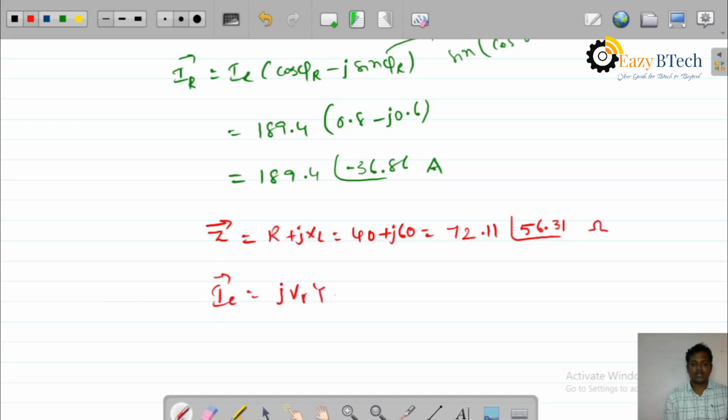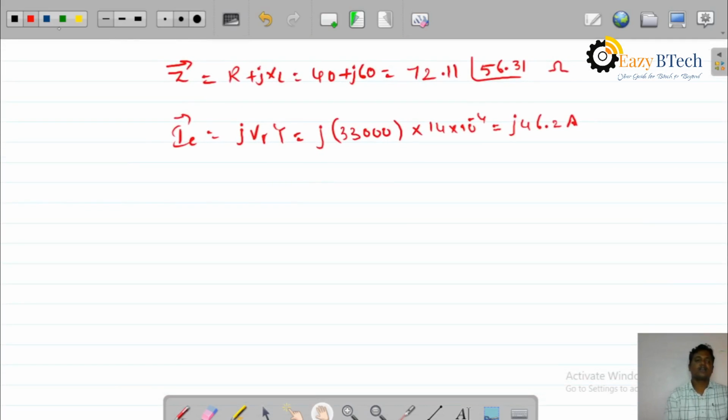Now I will calculate the IC vector equals J VR into Y. VR is 33,000 and Y equals 14 into 10 power minus 4. The current is 46.2 amperes. Now IS, from the load and condenser method, equals IR vector plus IC vector.